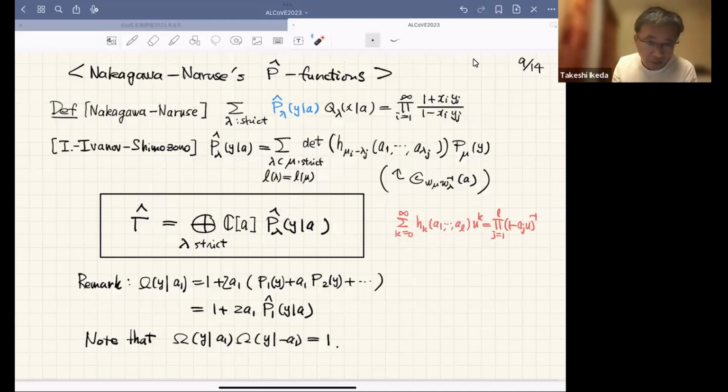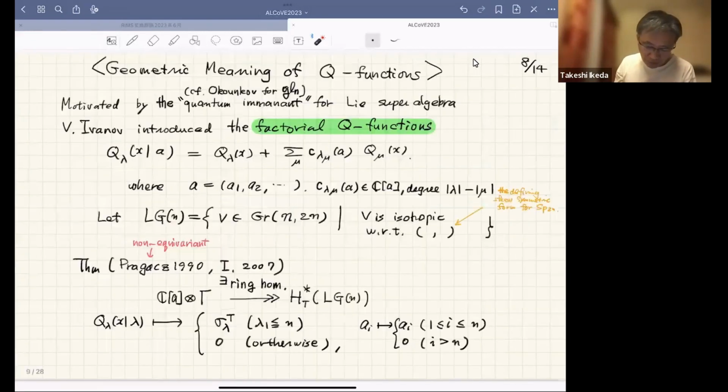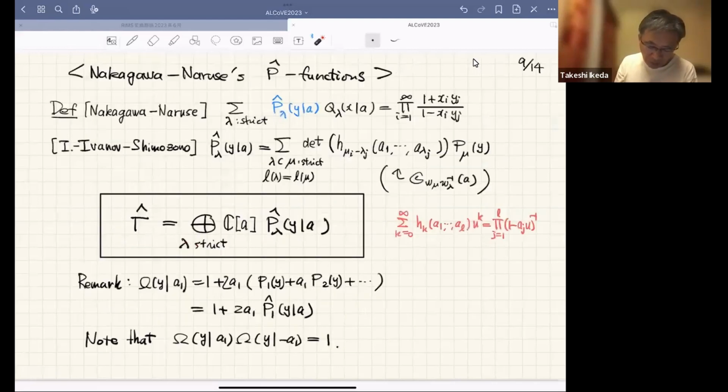If we put the equivariant parameter A1, it has a form like this. It starts from 1 and 2 times A1 times P1 hat. We consider this kind of special function. Makes sense? Any questions?